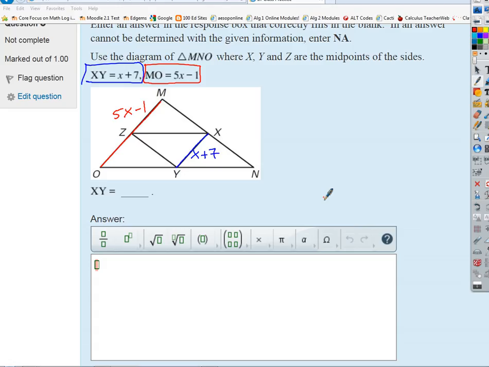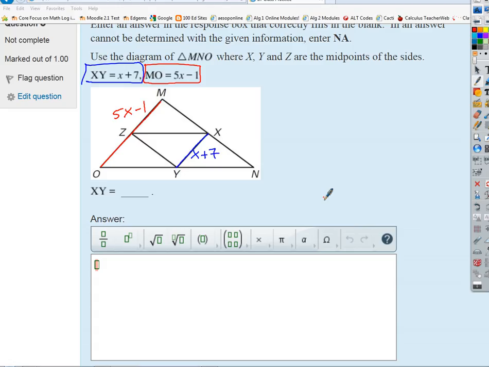Well, x plus 7 is equal to 5x. Okay, so in other words, we could set up an equation that we could use to solve for the variable x. Once I solve for the variable x, what could I do with that? Carrie, what could I do with that? If I knew that x equaled 10, for example, what could I do with that?